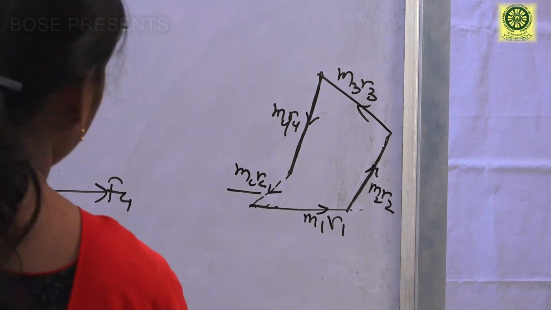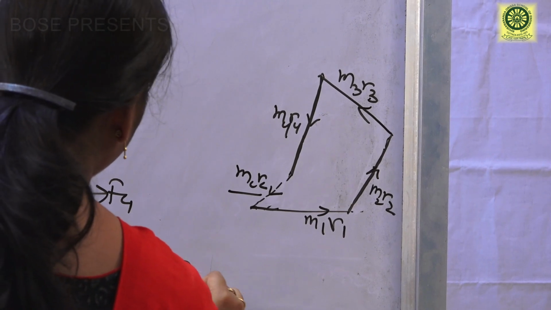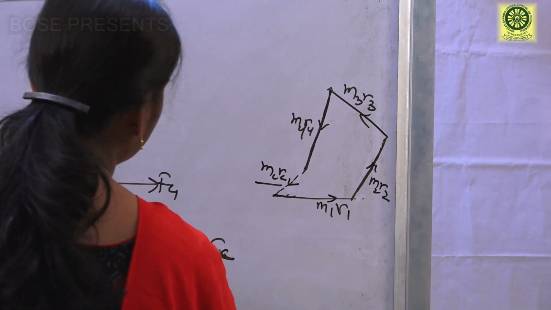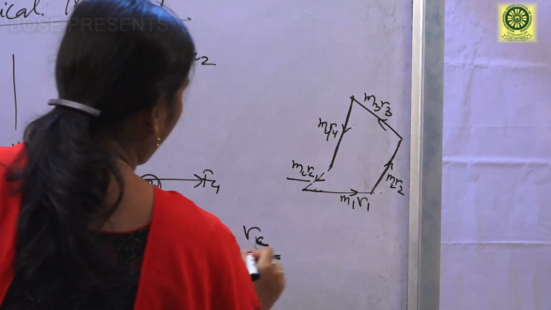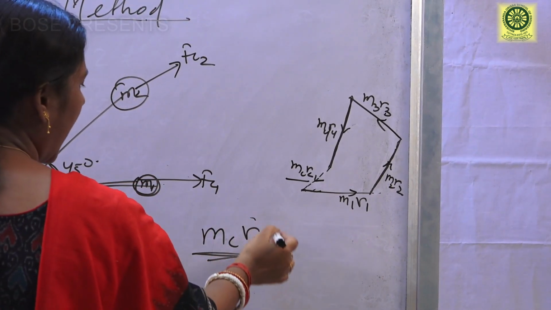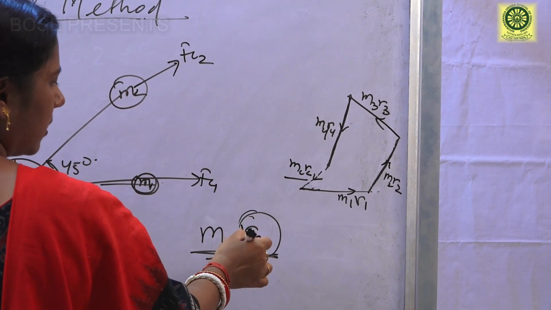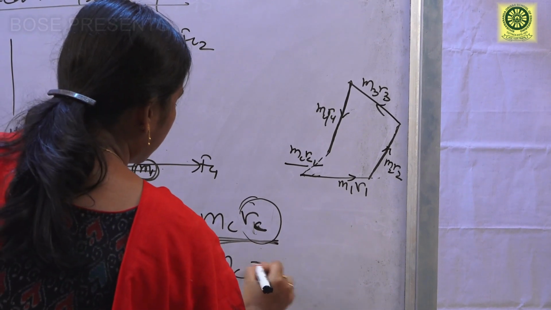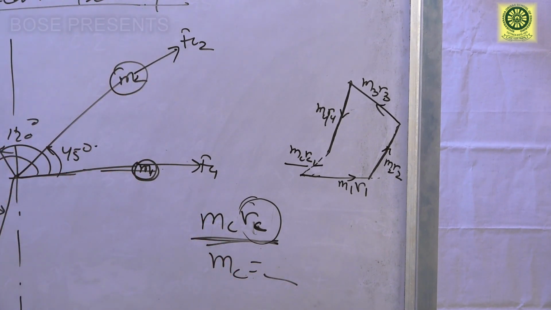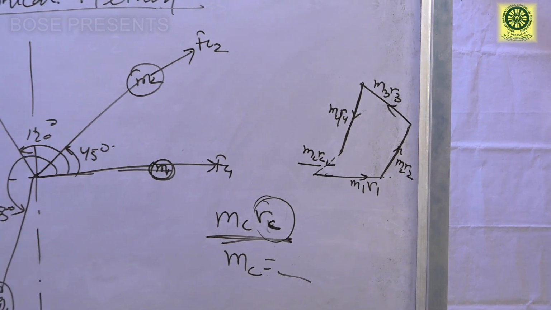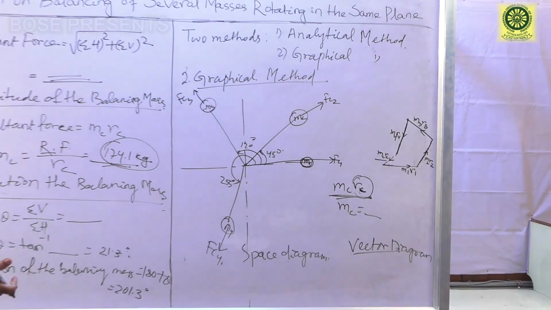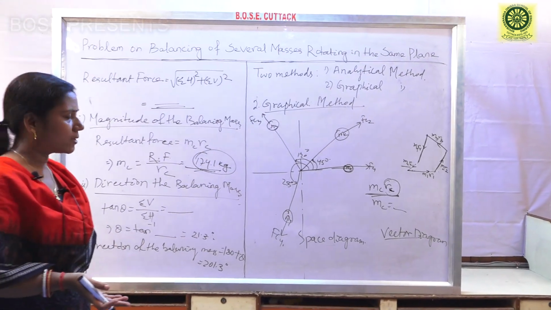This value you will get from the vector diagram. So from this value, by putting the value of RC, we will get the value of MC. And similarly for the next. Now similarly you can solve the other problems given in your example in any book or from the exercise. Thank you.